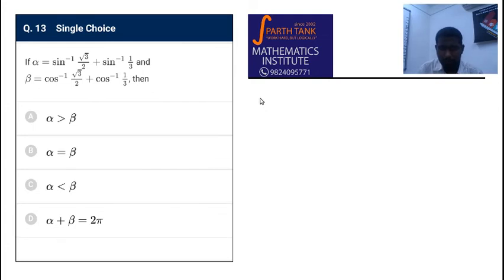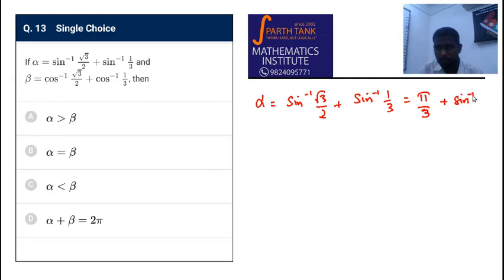For example, alpha we know is sine inverse of root 3 by 2 plus sine inverse of 1 by 3, right? Now sine inverse of root 3 by 2 is pi by 3. Sine 60 is root 3 by 2, plus sine inverse of 1 by 3. Now sine theta in 0 to 90 is an increasing function, right?